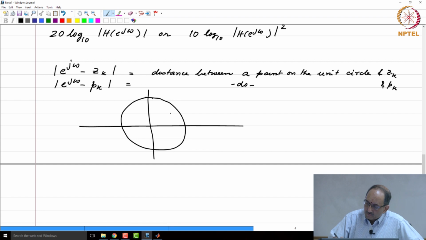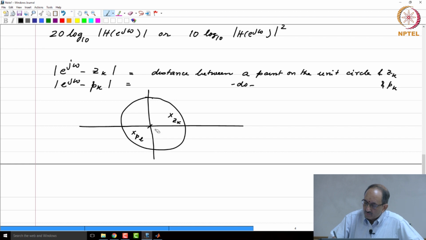So, I have here zk, and then I may have another pole here, and there could also be a trivial pole or a trivial 0.